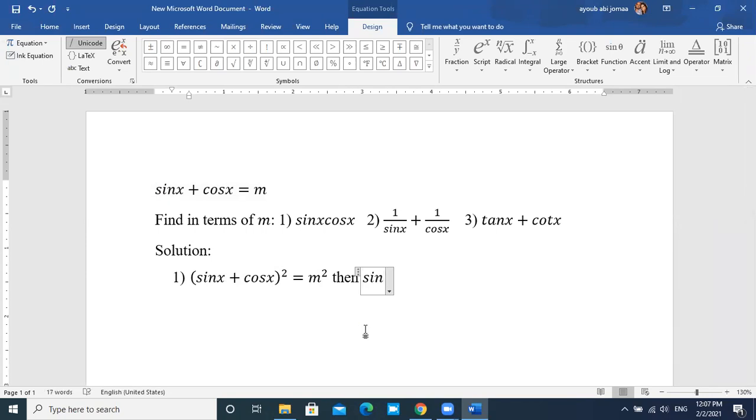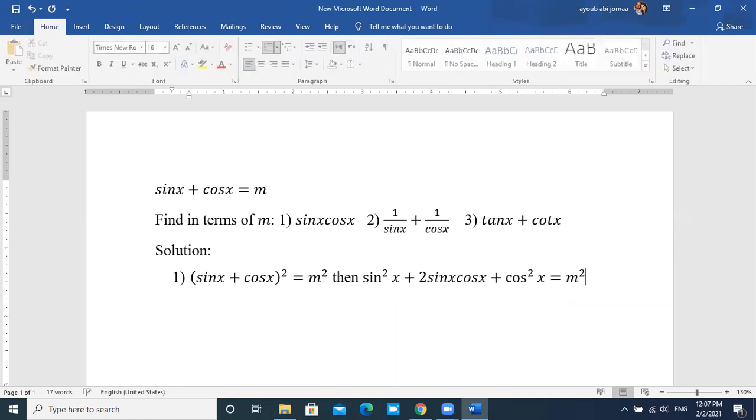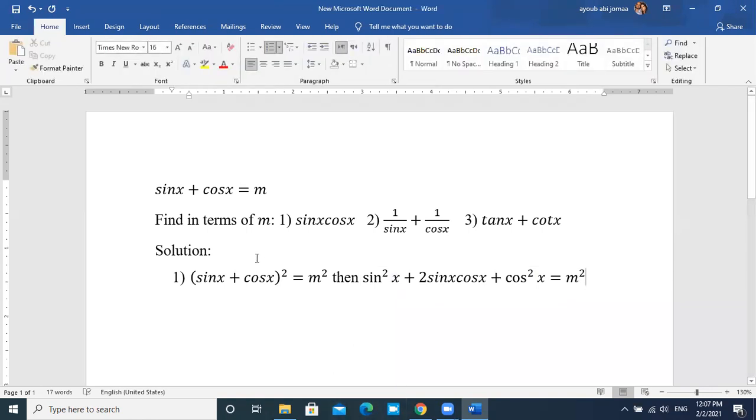Sine squared x plus 2 sin x cosine x plus cosine squared x is equal to m squared. Good.